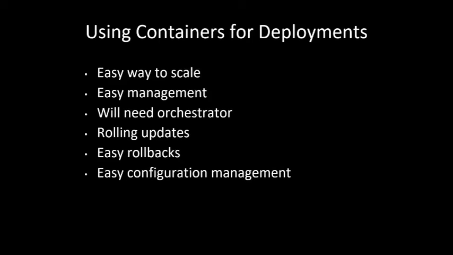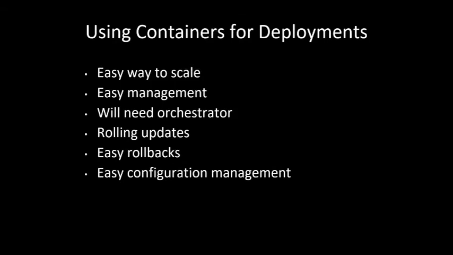With certain orchestrators, the rolling updates are really quite beneficial if you have a lot of services running. You can do one at a time, four at a time. It can basically roll through those and make sure that things come up before it moves on. Same thing with rollbacks. If you notice something stopped working, you can roll those back fairly easily and it'll just back up to that previous image.